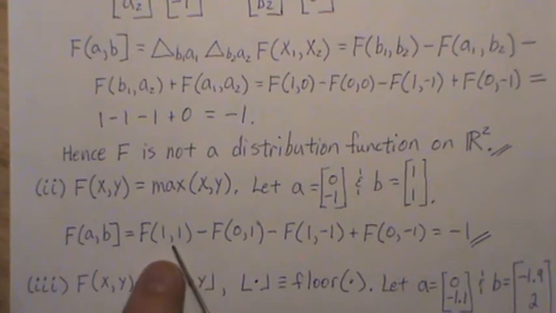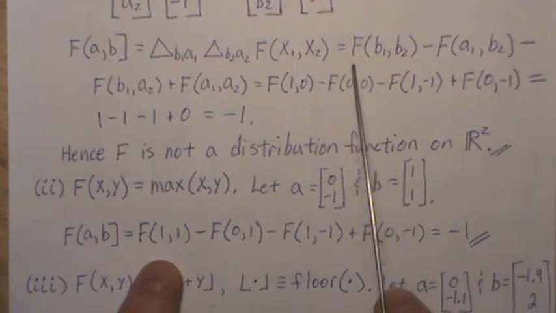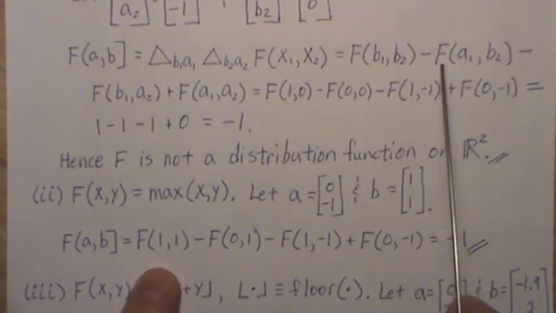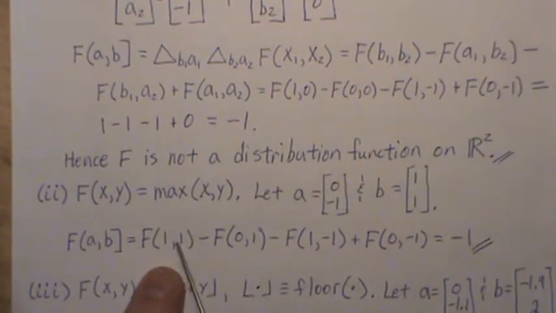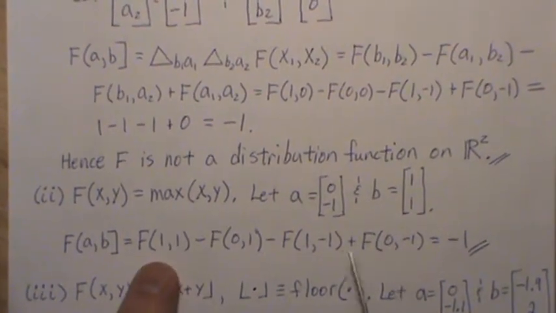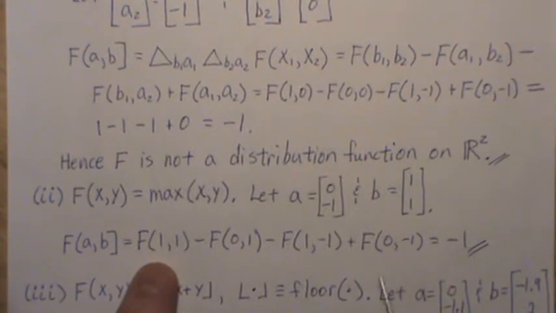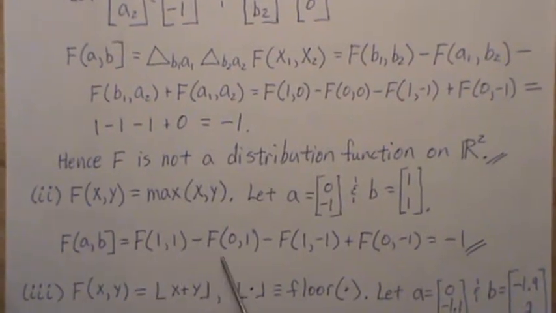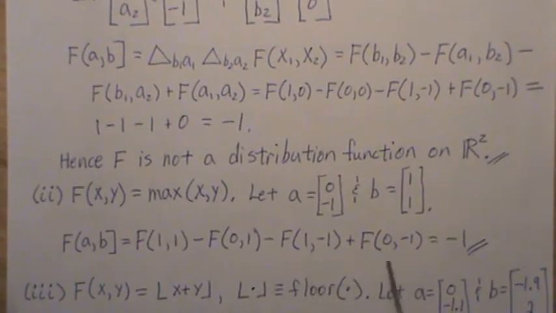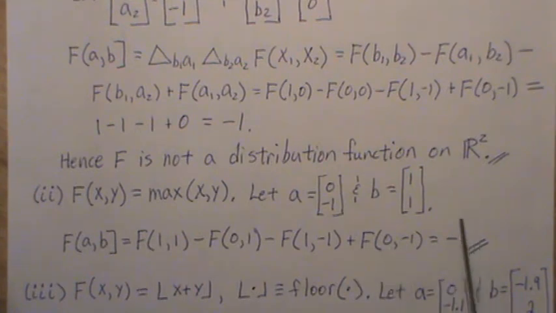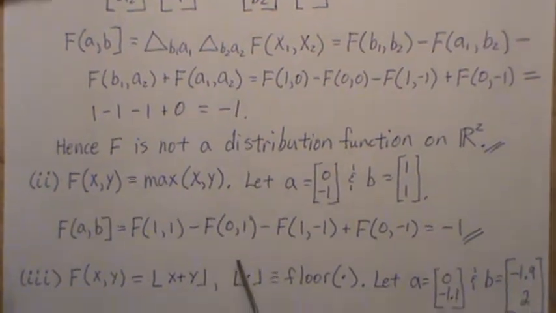So following this formula up here, we get these values, and then it's the maximum of those. So it's a 1, minus 1, minus 1, plus 0, and it's minus 1. So this function is not increasing. Even though their marginal distribution functions are really distribution functions, their joint function is not a distribution function.